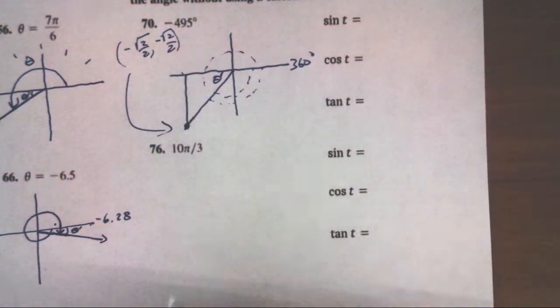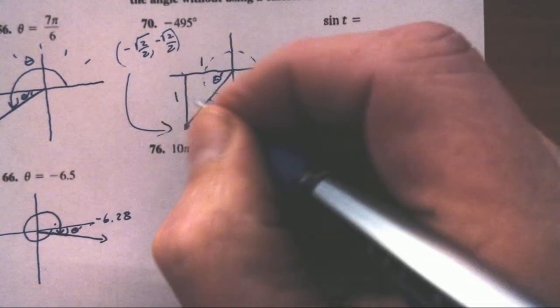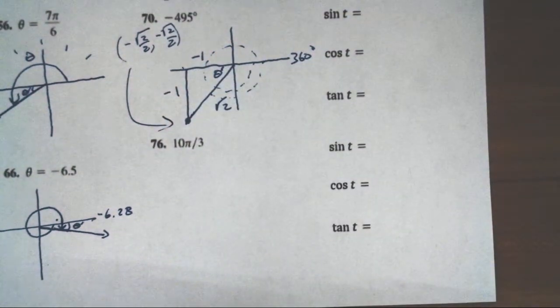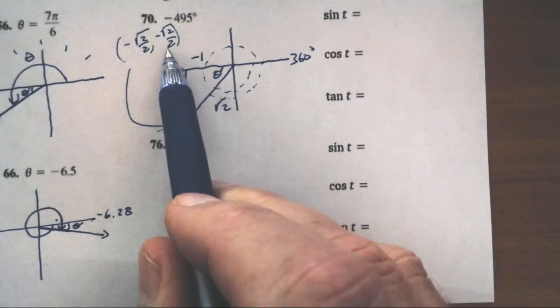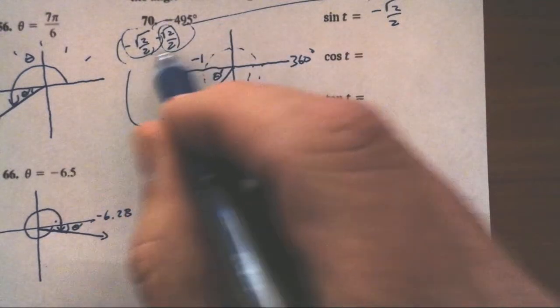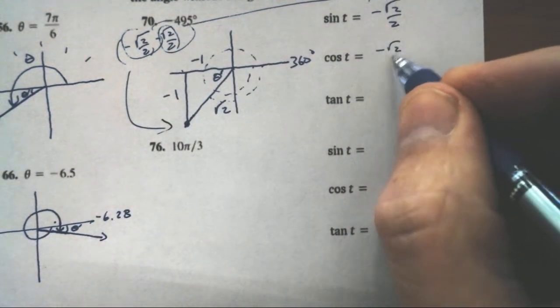Or we could label this with convenient values, 1, 1, and square root of 2, but left and down. Either way, this tells me the sine is negative square root of 2 on 2, and the cosine is negative square root of 2 on 2.